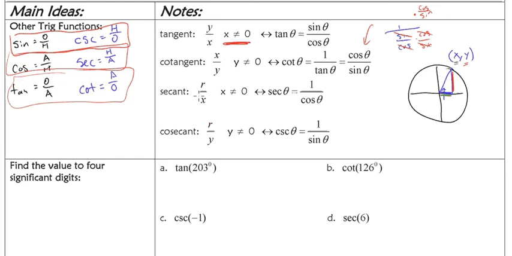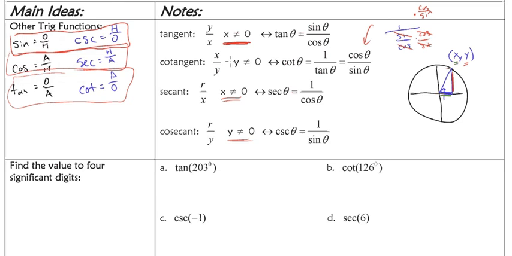Secant is the reciprocal of cosine, so when the cosine value of theta is equal to 0, then our secant is going to be undefined. Likewise, when sine of theta is 0, then our cosecant is going to be undefined because that 0 is now in the denominator.